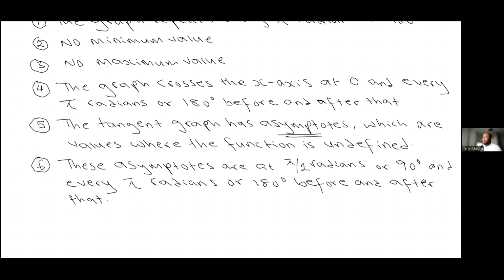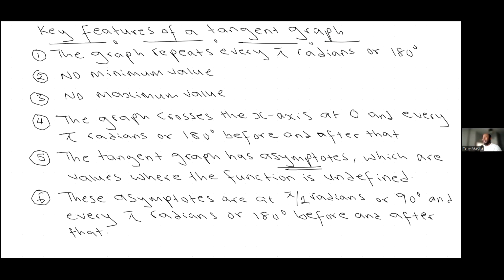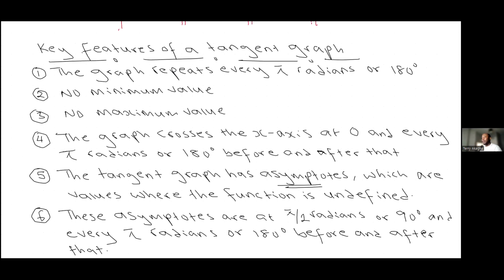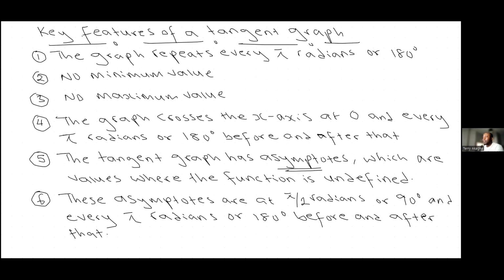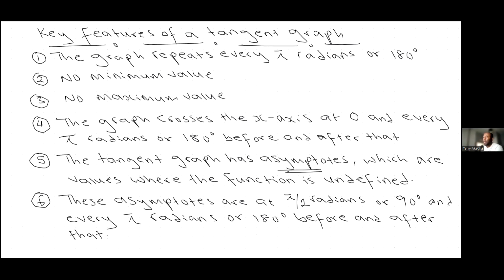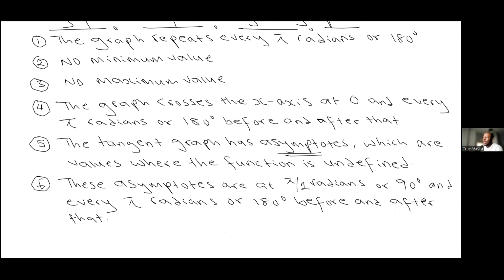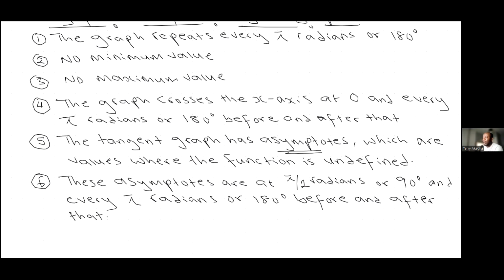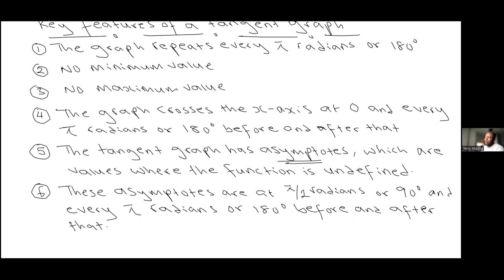So the graph repeats every pi radian. There's no minimum value, no maximum value. It crosses the x-axis at 0 and every pi radian or 180 degrees before and after that. The tangent graph has asymptotes, which are values where the function is undefined, and the asymptotes are at pi over 2 radians or 90 degrees and every pi radians or 180 degrees before and after that.